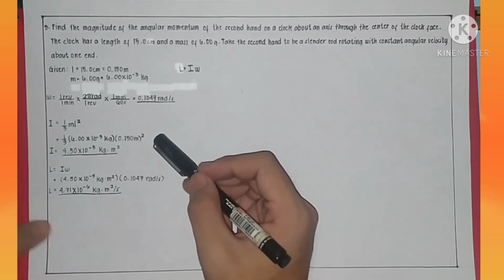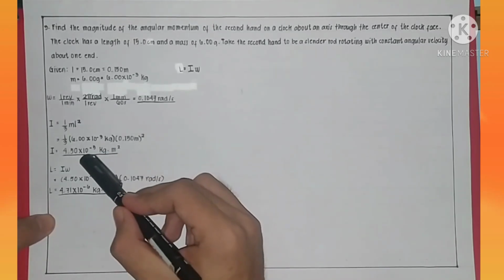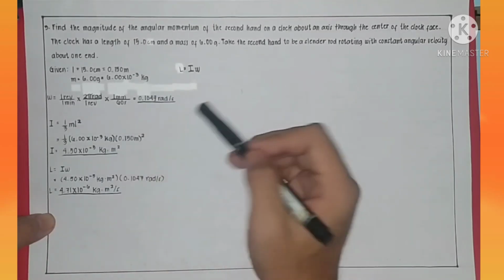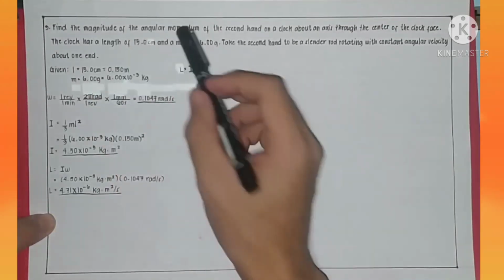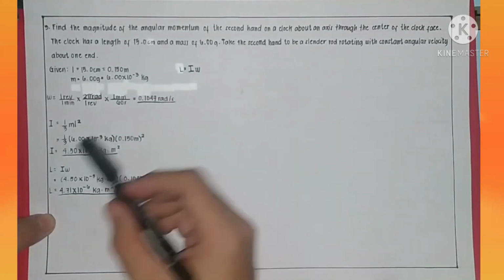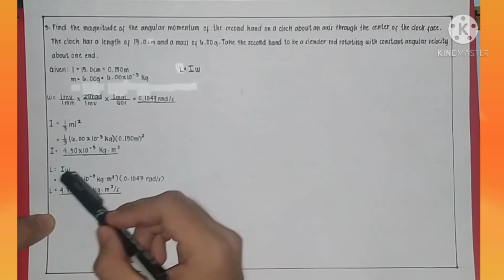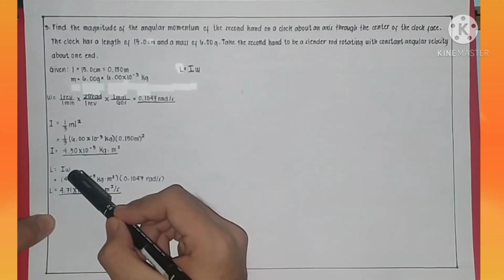Since we now have the inertia and the angular velocity, I proceed to calculating the magnitude of the angular momentum using the formula L is equal to inertia times angular velocity.